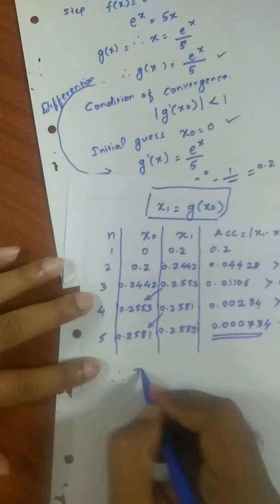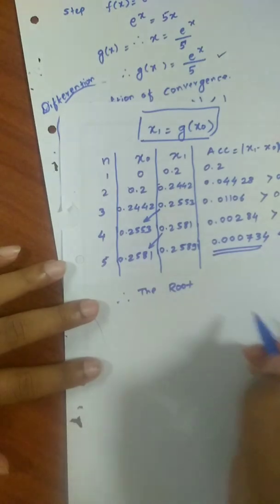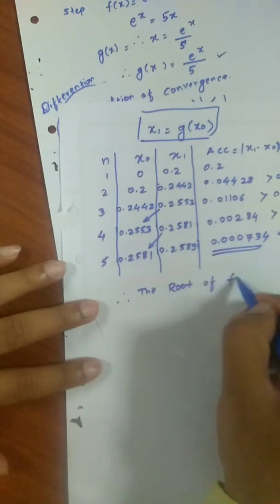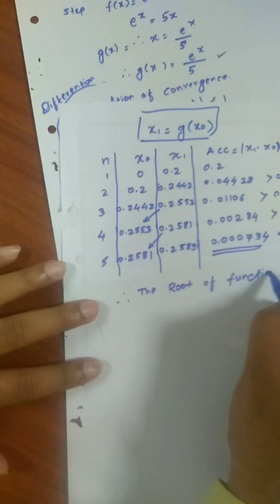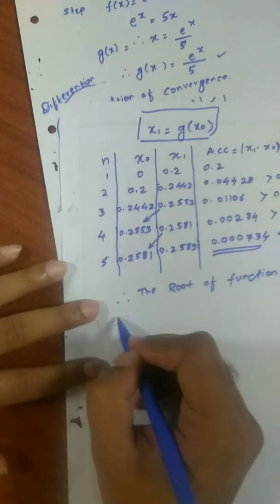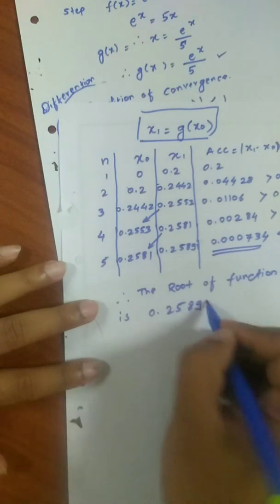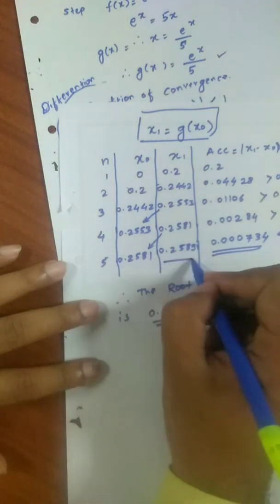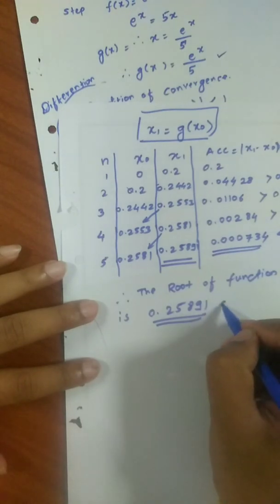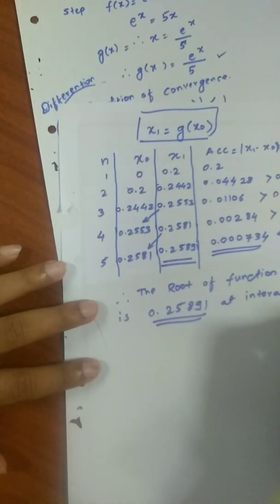Therefore the root of the function e raised to x minus 5x is 0.25891 at iteration 5.